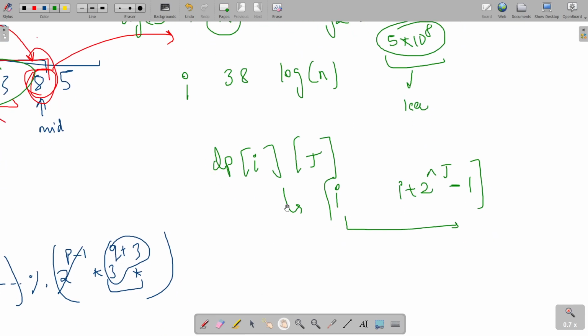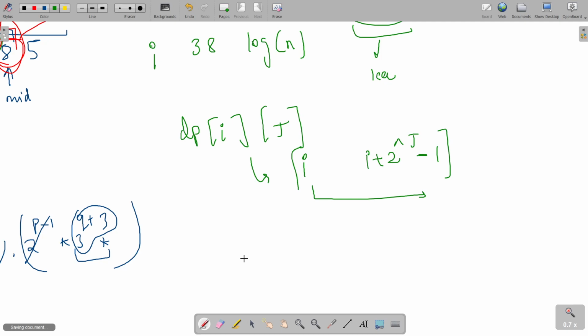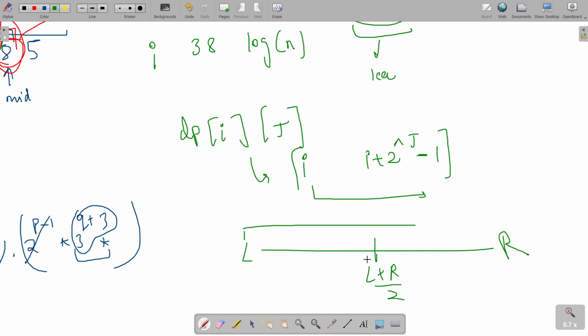And using a sparse table, suppose you want to find the LCM of L to R, right? So you will try to find a power of 2 which exceeds L plus R by 2. And then you can do a query.